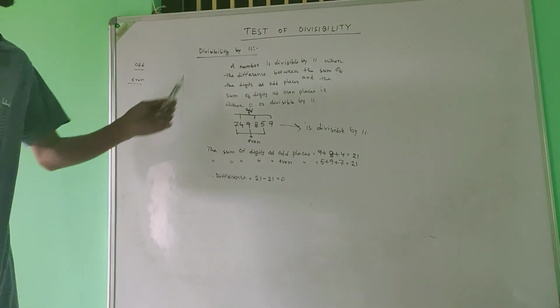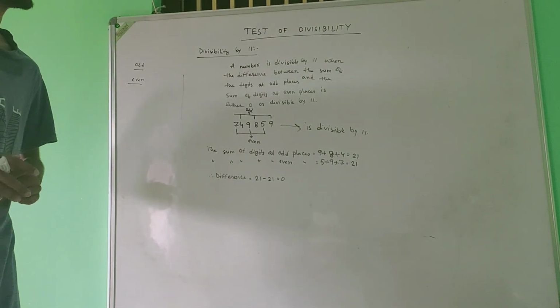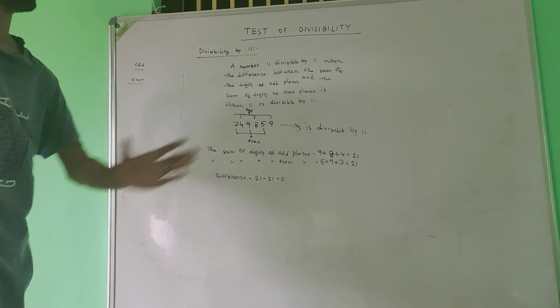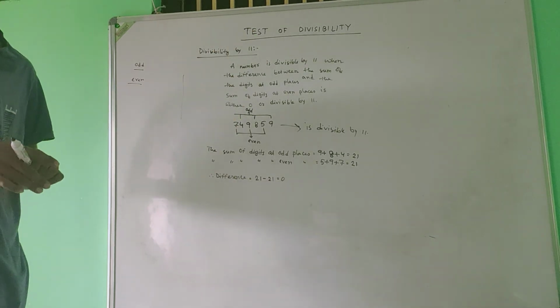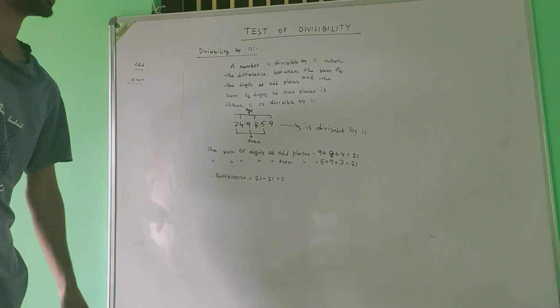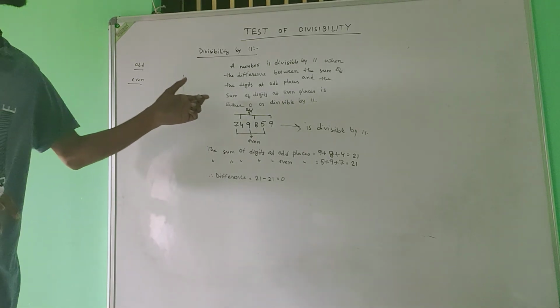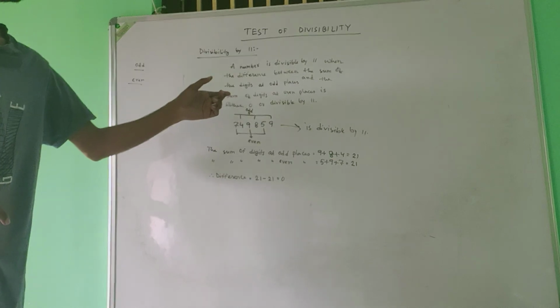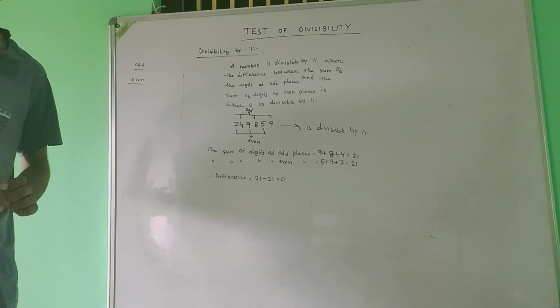I think it's clear. So a number is divisible by 11 when the difference between the sum of the digits at odd places and the sum of the digits at even places is either 0 or divisible by 11.